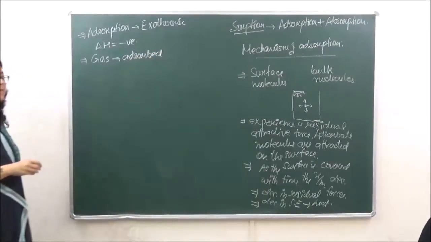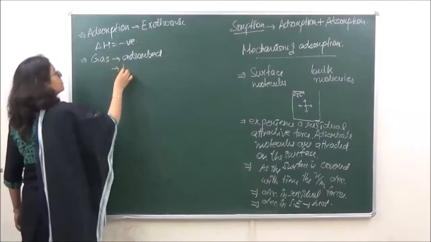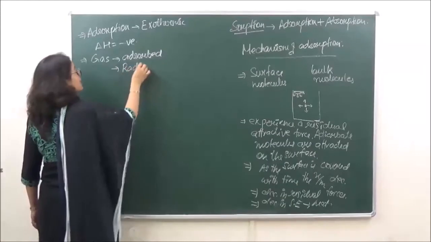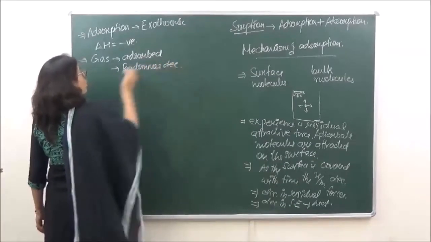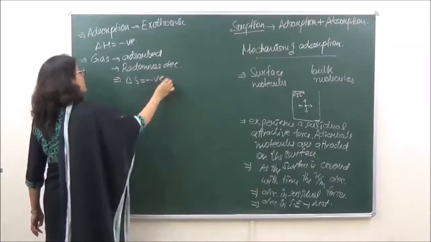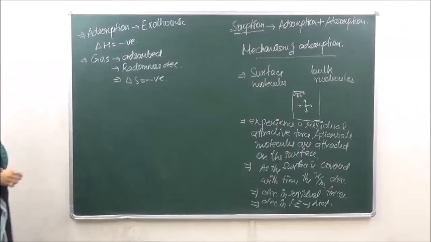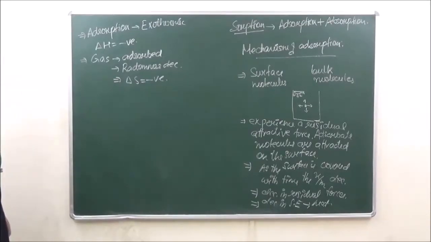The randomness of the gas will decrease because it is getting adsorbed. In other words, the entropy change becomes negative. Whenever the degree of randomness decreases, delta S is going to become negative.